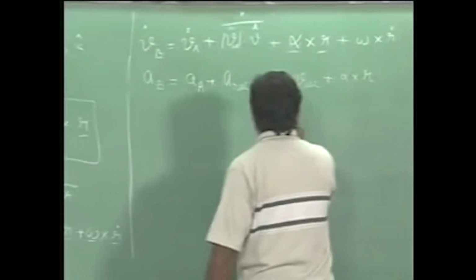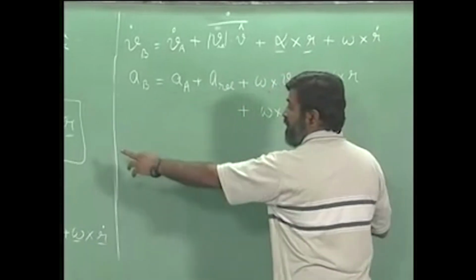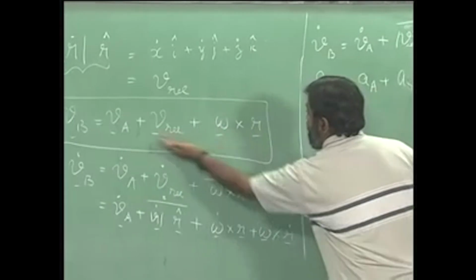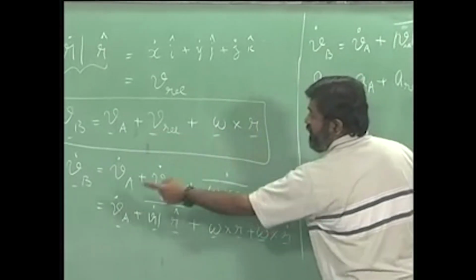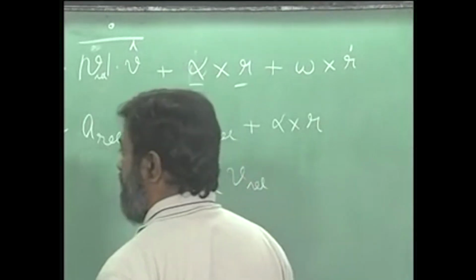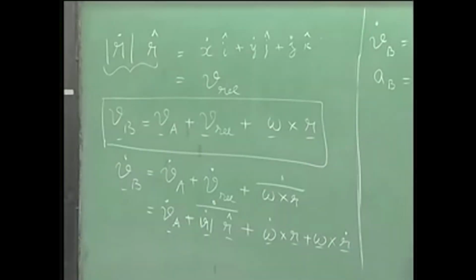So I have omega cross. I know that this is the thing that is related to r dot. So I will write it as V relative plus omega cross r. Is this clear?